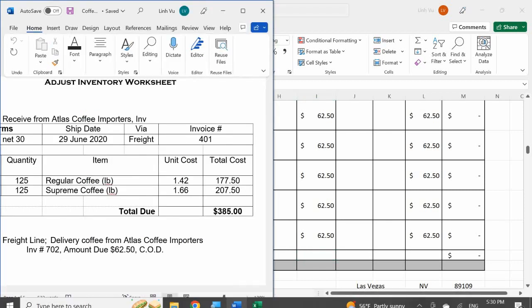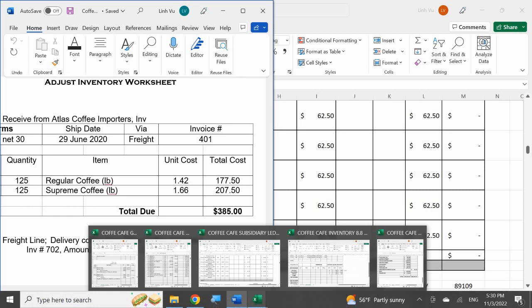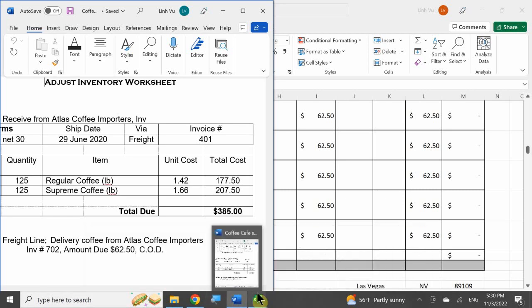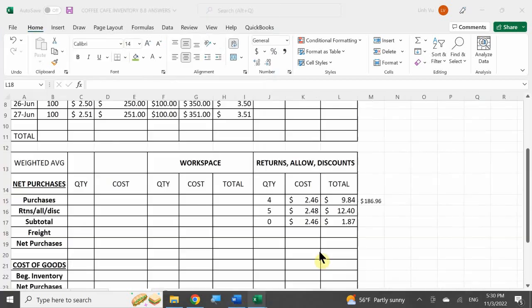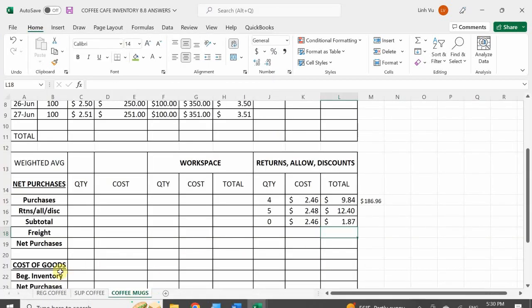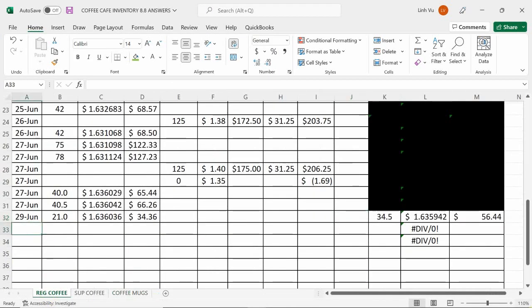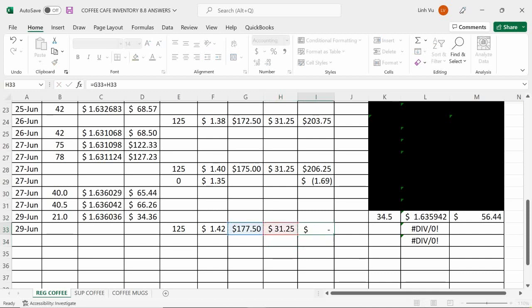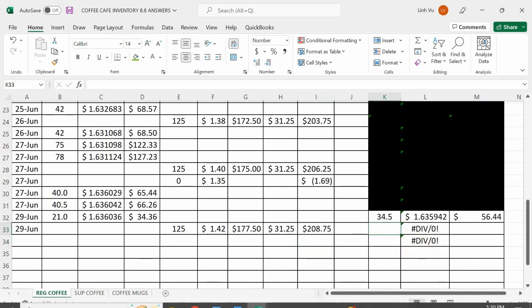All right, so now we need to update our inventory because we purchased our inventory, right? Regular coffee at $1.42. You purchase 125 pounds at $1.42, which gives you that $177.50 plus $31.25 will give you your grand total of $208.75. Add it to your current inventory.